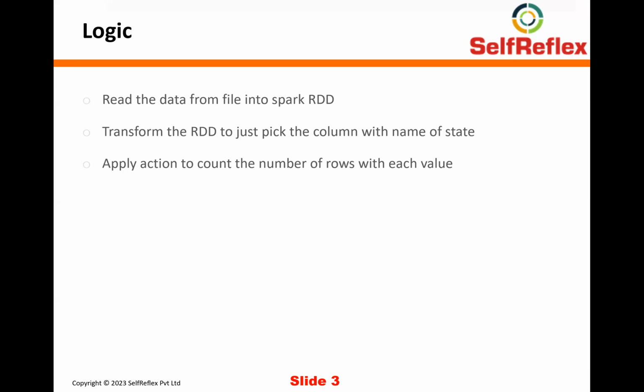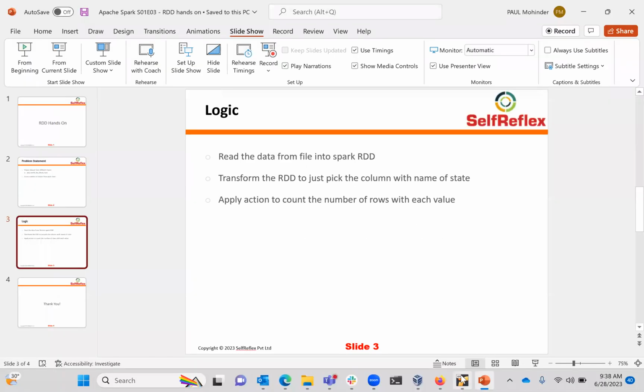This transformation will give us a new RDD, and then we will apply one action on this new RDD to count the number of rows for each state, basically for each value in that RDD. All right, with that, let's go to our hands-on machine.